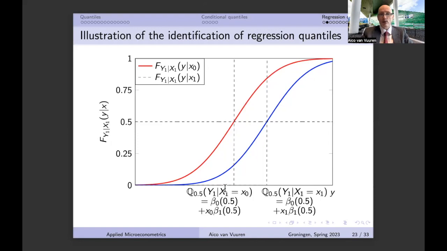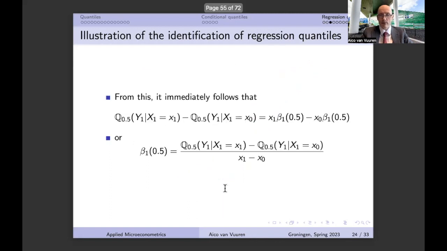Take into account that you also need that in a standard linear regression model, because in order to be able to estimate the beta coefficients, we also need variation in the x's. And that's true here as well. So in that sense, there's not so much of a difference from the standard linear regression model. The beta coefficients are identified as long as we have enough variation in the x's.